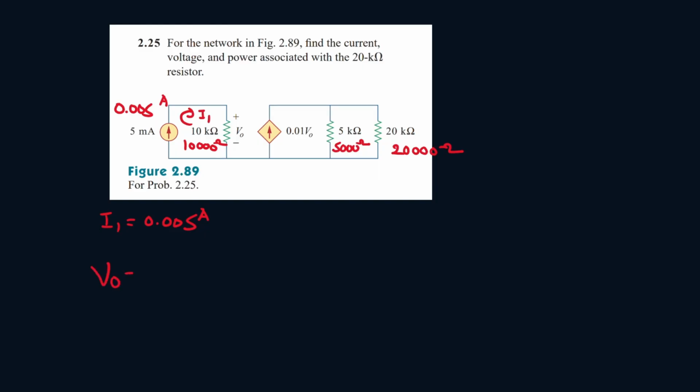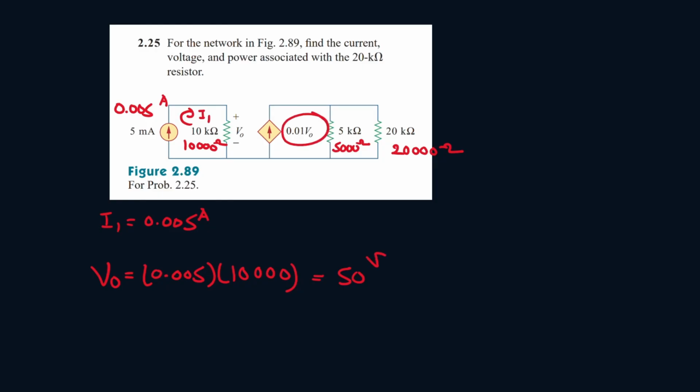So VO, we know it's equal to I1 times 10,000 ohms, and I1 is 0.005. So it's 0.005 times 10,000, which is equal to 50 volts.